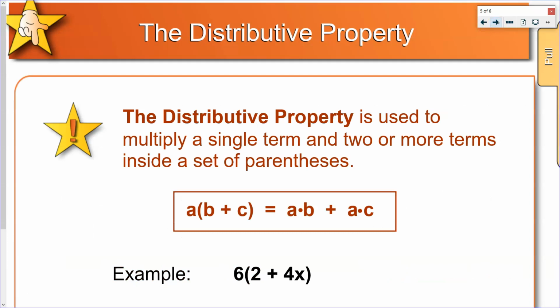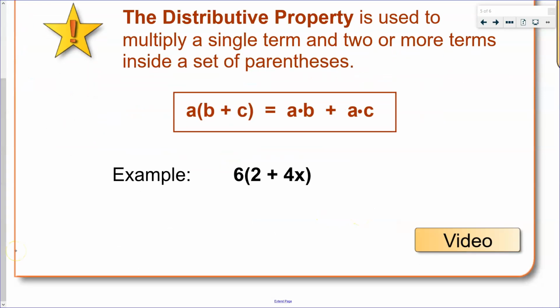So basically, the distributive property is used to multiply a single term and 2 or more terms inside a set of parentheses or brackets. So we've got A times (B plus C) will give you A times B, this dot means multiplication, remember, plus A times C. So in this example here, I'm just going to show you how this breaks down. Okay, so you'll multiply 6 times this and 6 times that, and we'll get 6 times 2 is 12.